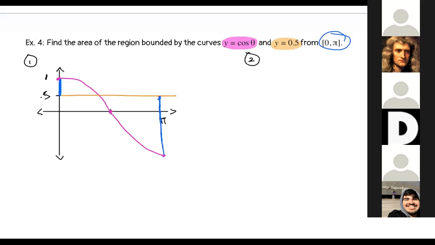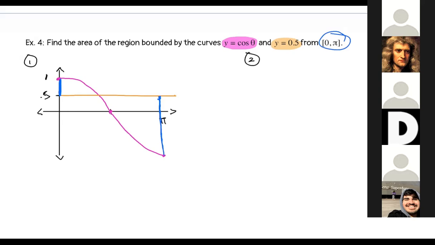Now, based on our previous diagram, how many integrals will we need here? 1, 2 more. How many do we think we'll need? 2. Excellent, excellent.